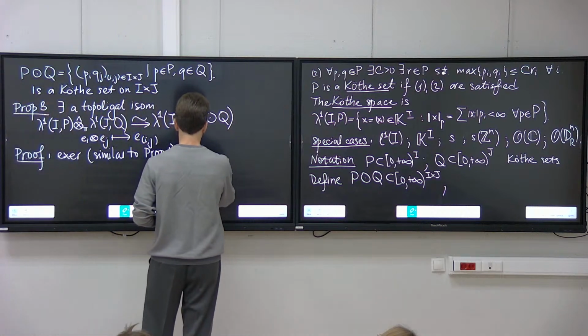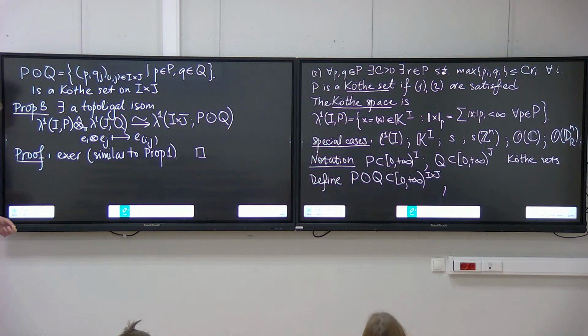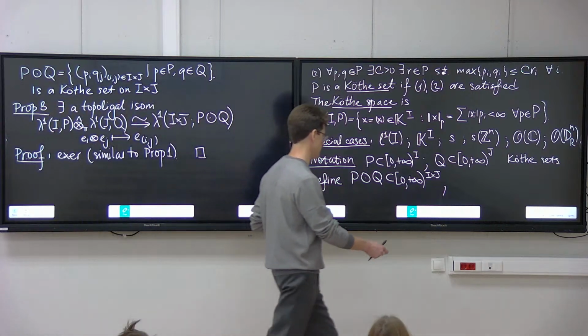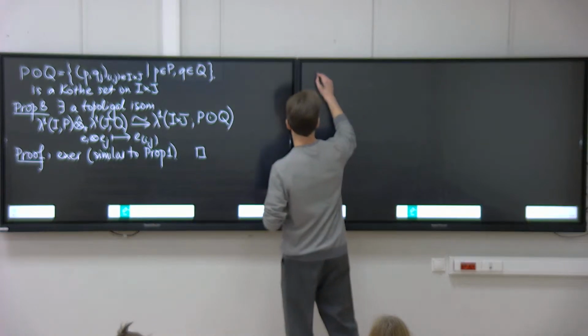Okay, so why is it useful? This result is useful because it has numerous interesting corollaries. Corollary 1.